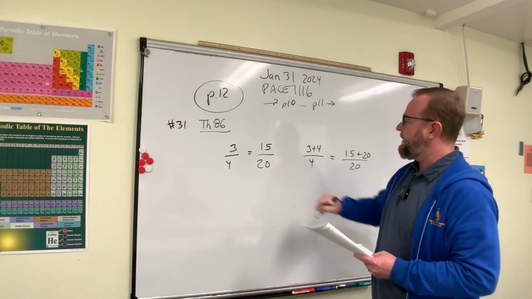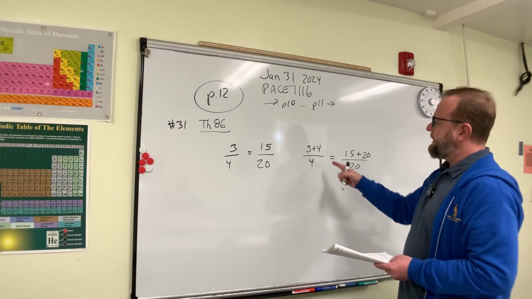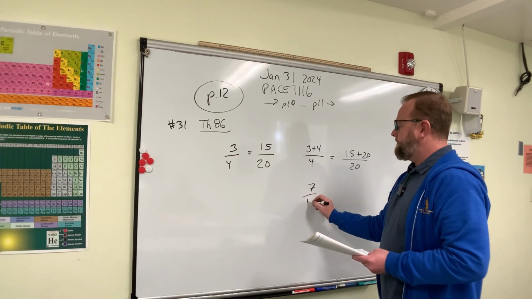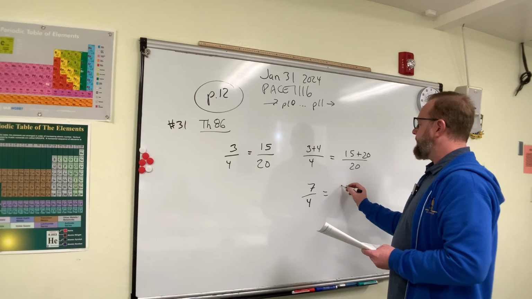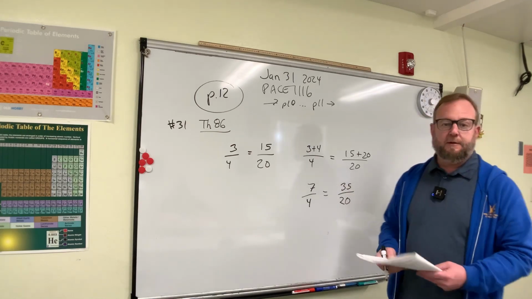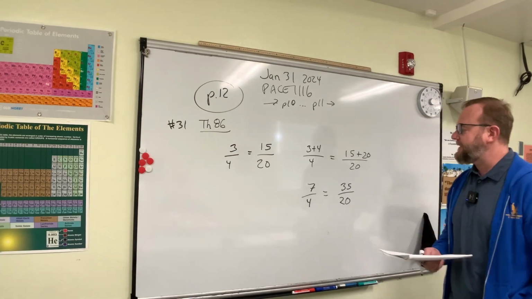I got 20 from there. If I were to finish this, 3 plus 4 is 7 over 4 equals 35 over 20. And look at that. Still a proportion. Still passes the test.